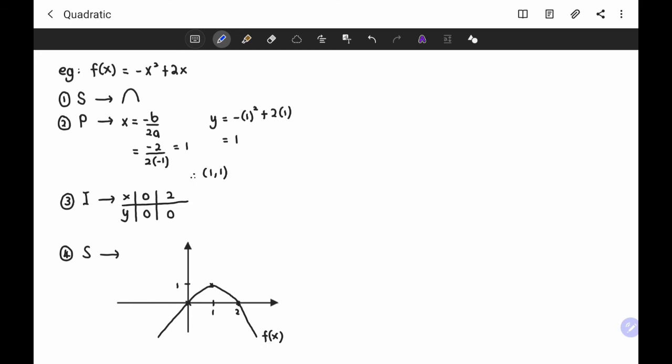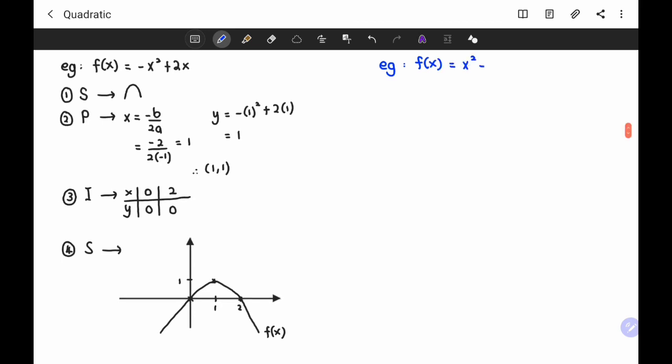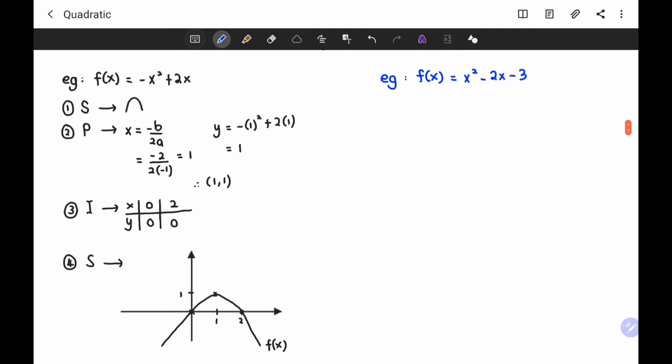A question from the exercise video. So for example, we have f(x) equals x square minus 2x minus 3. First step, we determine the shape. What is the shape? This one is x square, so smile. Since it is a smile, we find the point, which is the minimum point.